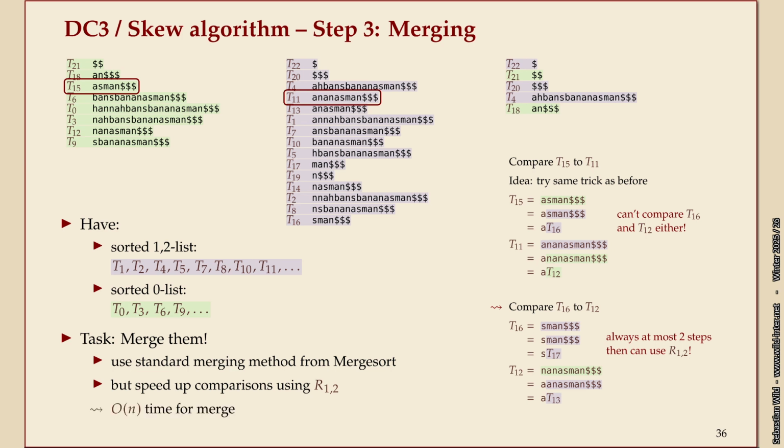In either case, the comparison you need in every step of the merge can be decided in constant time after checking 1 or 2 characters and 1 rank. Well, at most that. So you can also do the merge in linear time, and that means we've completed step 2 and step 3 in linear time. So all good.